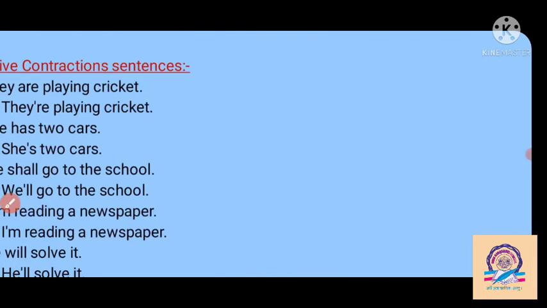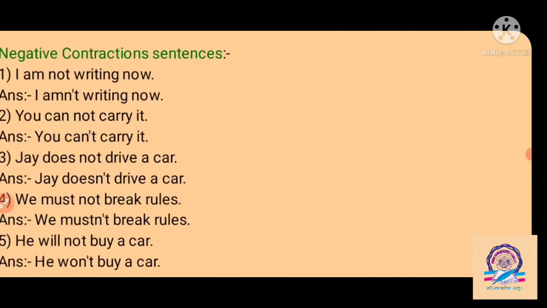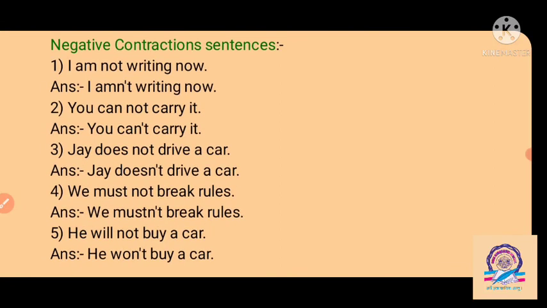Then the negative contraction is given here. How do we do the negative contraction? The sentence is 'I am not writing now.' So am not changes into amn't here, we remove o from the not.